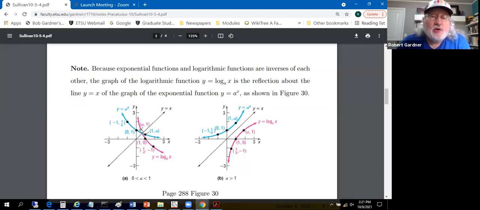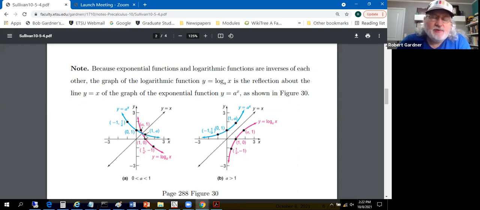It was an exponential curve, but it was a decreasing curve in this case. Still had an asymptote of the x-axis, this time to the right, whereas previously it was an asymptote to the left. And this curve is going to cross the line y equals x somewhere.